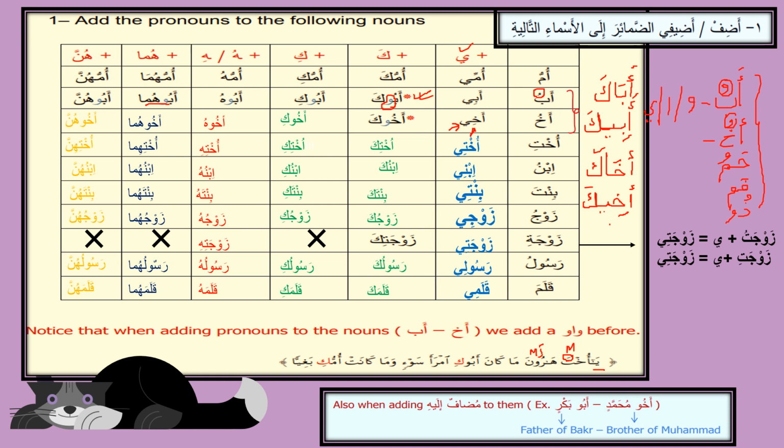But here why does the noon have a fatha? Because Harun is from the mamnu minas sarf, those names that cannot take a kasra, similar to Ibrahim. Ibrahim can take a single dhamma or a single fatha, but it cannot take a kasra. Harun is also an a'jami name, a foreign name, not an Arabic name.